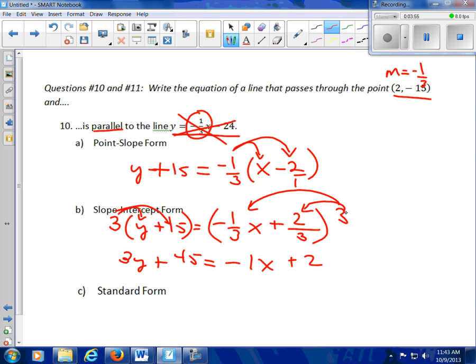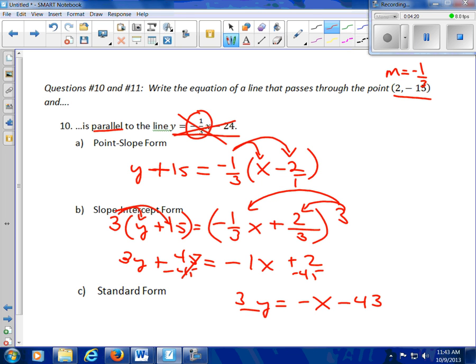Basically, multiplying by 3 took out the 3 on both of these fractions, leaving just the tops. Now I can subtract 45 from each side, and that gives me 3y equals negative 1x minus 43.